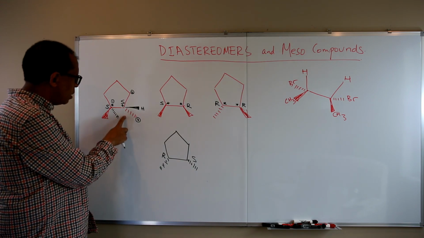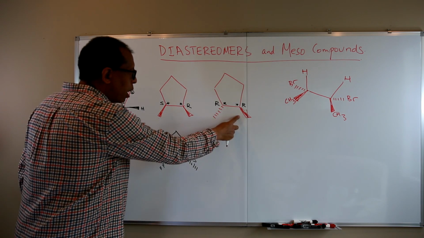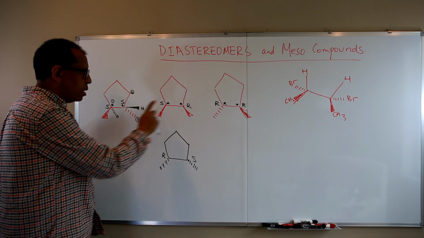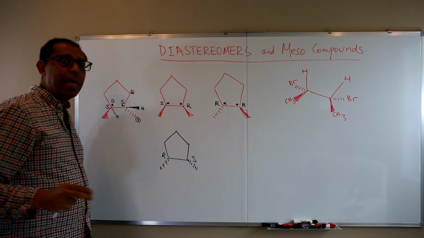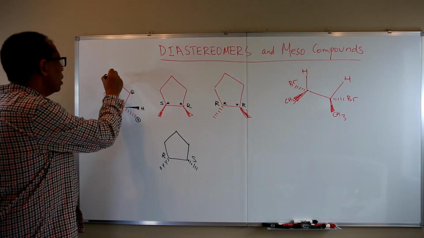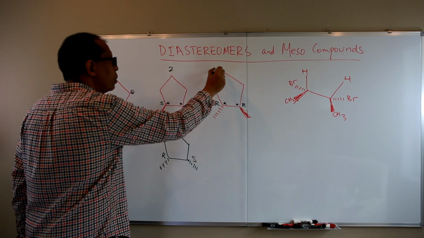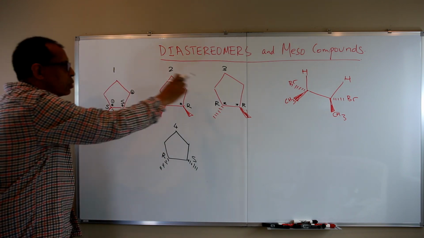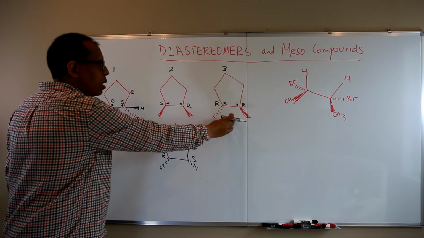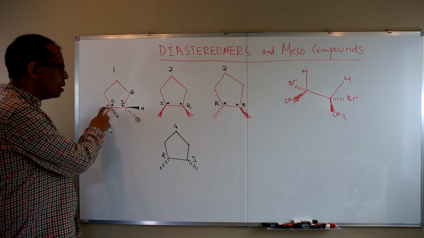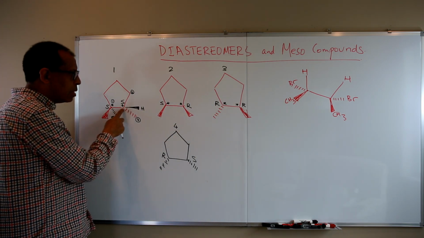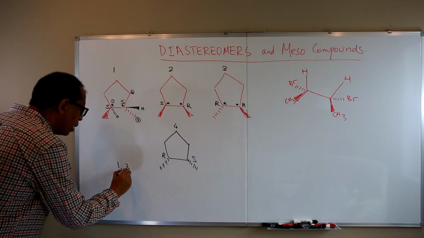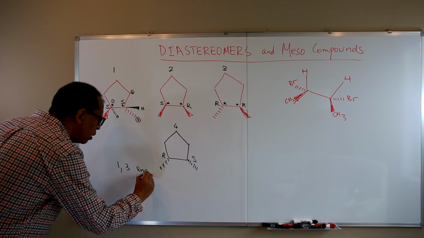So this SS and this RR are mirror images. So the relationship between this and this compound is enantiomeric. So let me number them 1, 2, 3, 4. So 1 and 3 are mirror images of one another, right? This is S, that's R. This is S, that's R. Therefore, 1 and 3 are enantiomers.